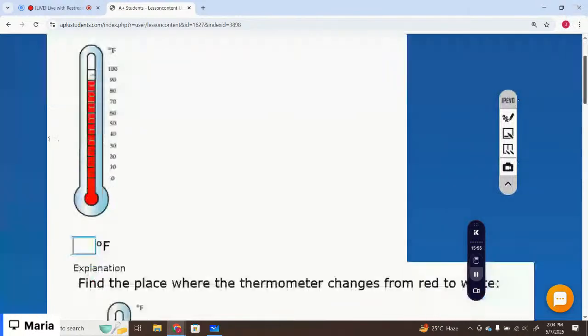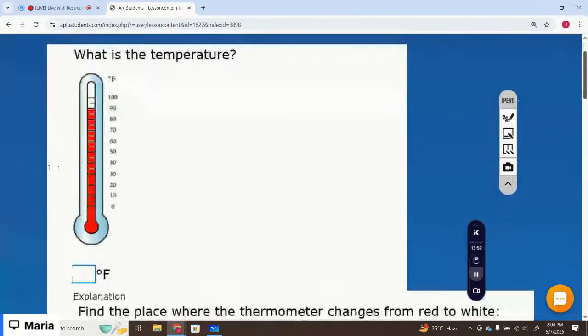Just look at it, basically the thermometer looks like this, right? You need to read the thermometer. You can see here you have written F. So usually it has two units. A thermometer is measured in two units, the Fahrenheit and the Celsius. F stands for Fahrenheit and C stands for Celsius.